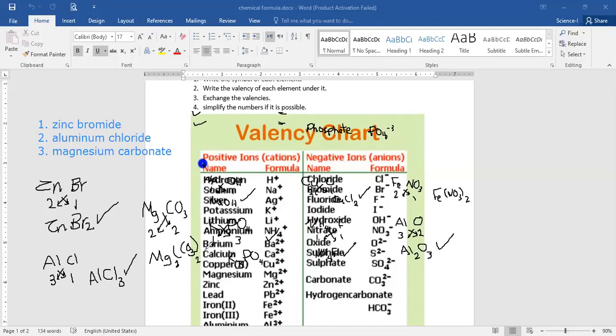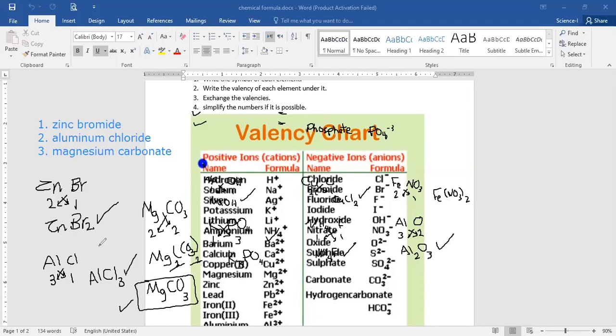Most of you did it like that, but we forgot that 2 and 2 can be simplified. You get it, guys? So don't forget this. It will be like Habiba said and like Reem did: MgCO3. I wrote it like that but forgot the 3, so it would be wrong. That's it, guys.